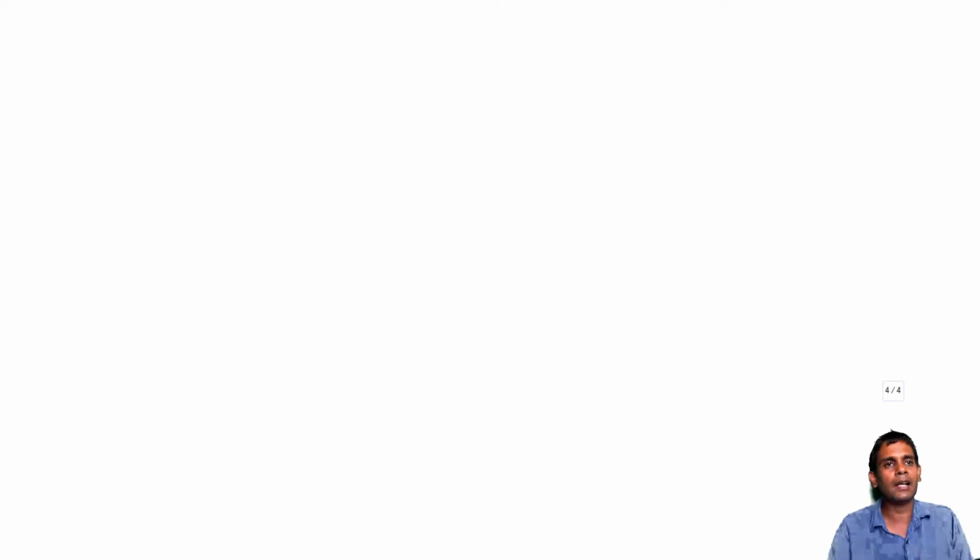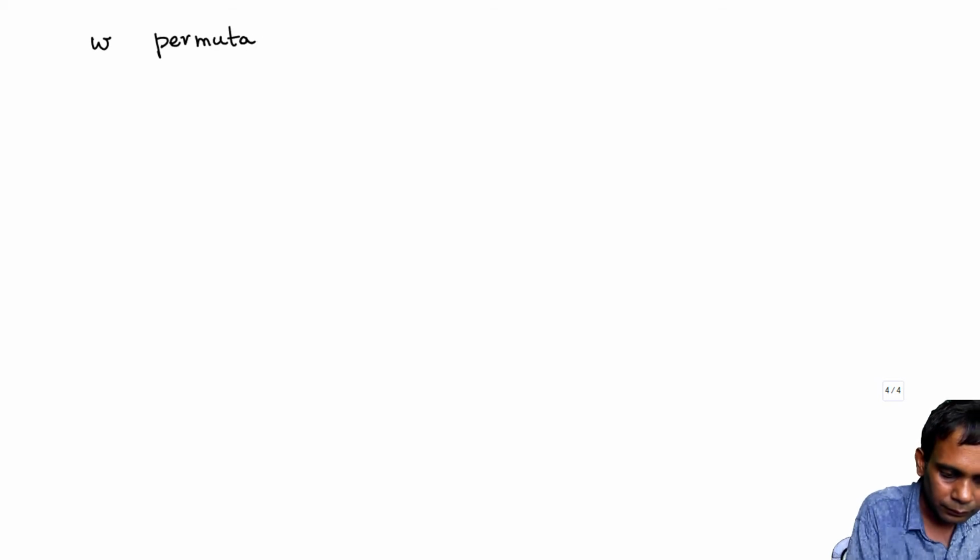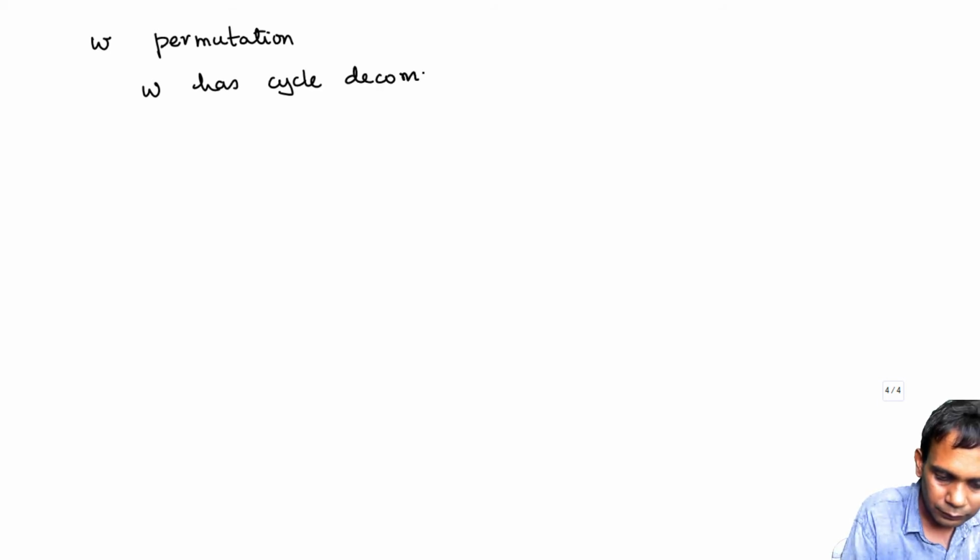Now let's see how we can read off order and conjugacy from the cycle decomposition of a permutation. Suppose W is a permutation and it has cycle decomposition C1, C2 up to Ck.